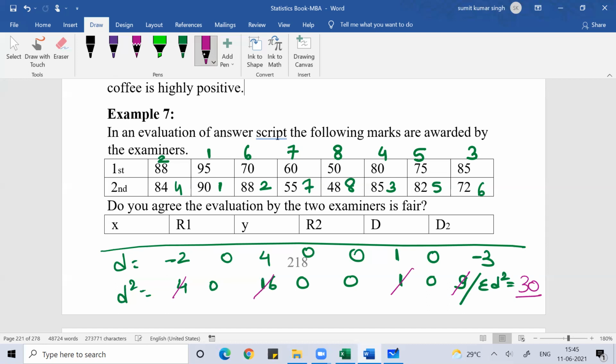There's no repetition of rank, guys, and the sum of d square is 30. Any confusion, anyone till now?